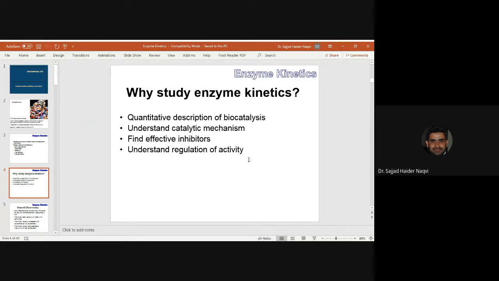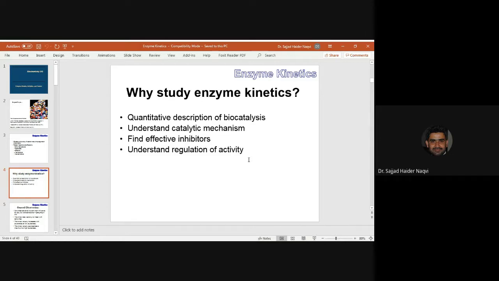And of course, last but not the least, enzyme kinetics is important to understand the regulation of activity, because as we said earlier, every enzyme-catalyzed reaction, every biochemical reaction must have regulation. The reactions within the cell are not going to be in an uncontrolled manner.